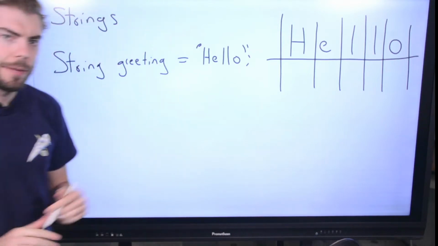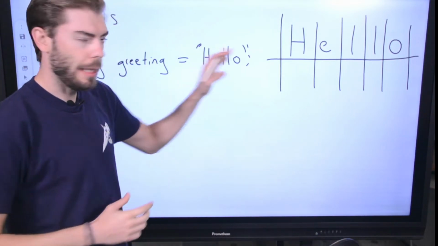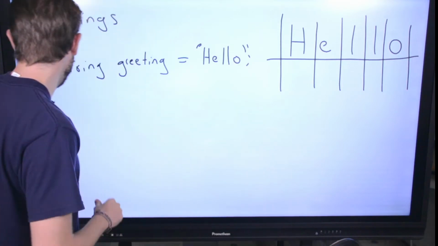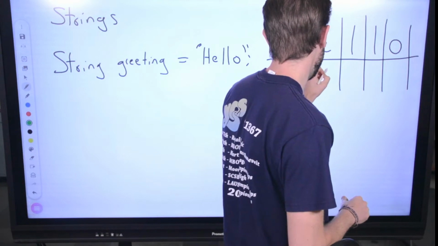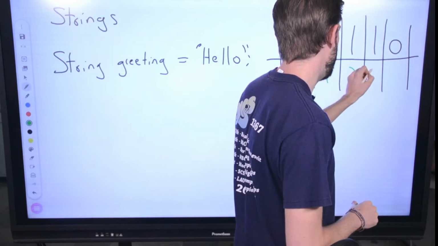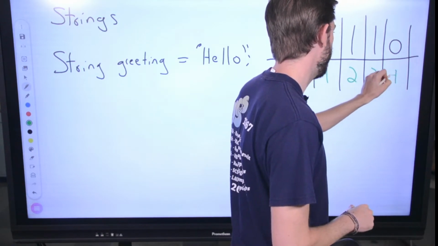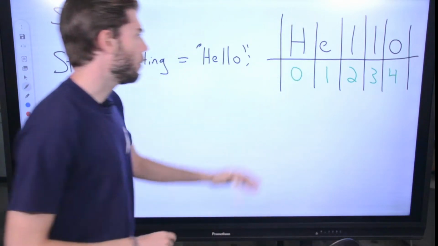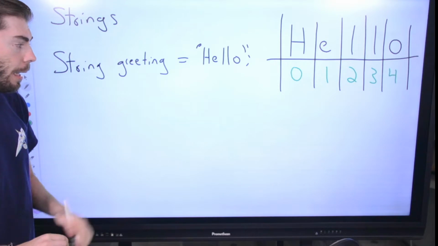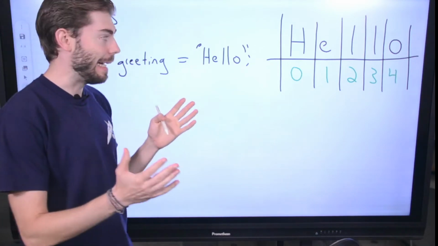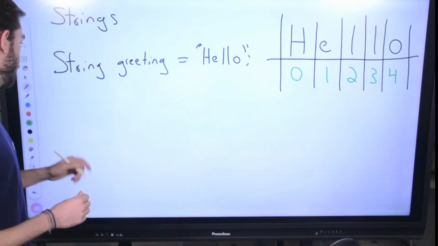And the way that Java keeps track of where each of those buckets are is by using what's called an index. So it creates an index that starts at number 0 and counts up from there. So starts at 0 and counts up until it hits the last character, and then that's it. That's the end of the string.